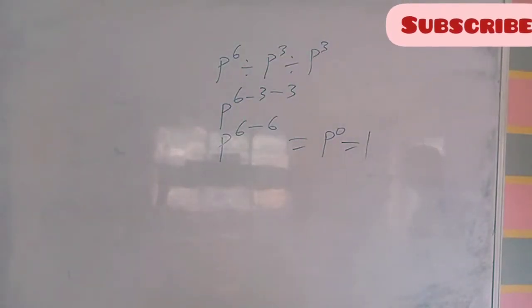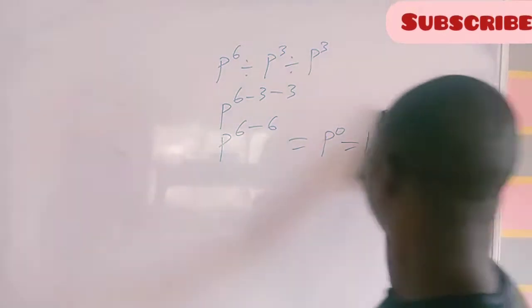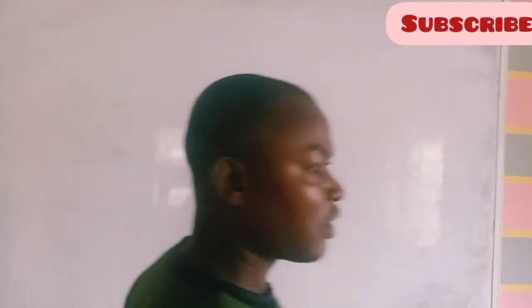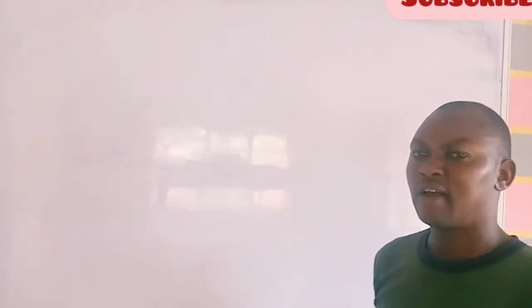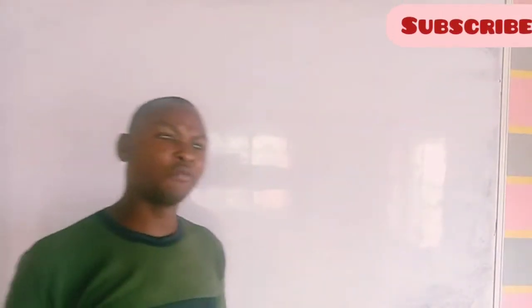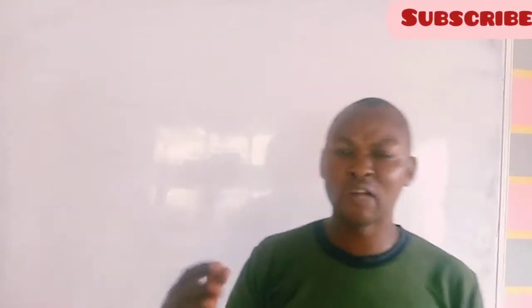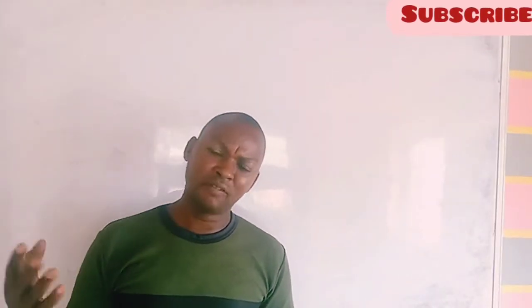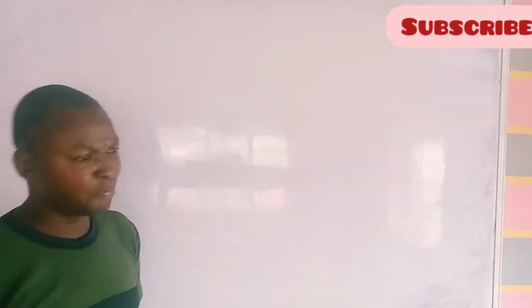Another rule is rule 5. Anything raised to the power minus results in the reciprocal of that thing. Reciprocal means 1 over. Reciprocal of that thing and its power.